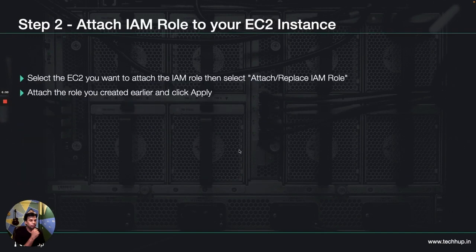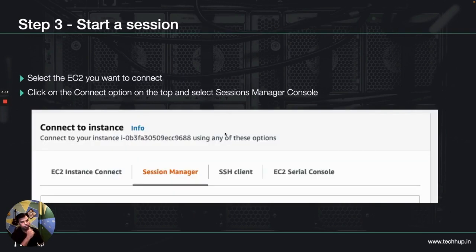Then we'll be attaching that role to your EC2 instance, and we'll be moving forward to see if that lets us connect to the instance via the Sessions Manager. So let's go back to the console.